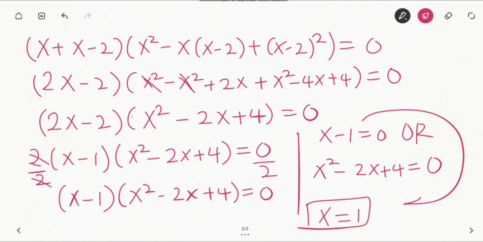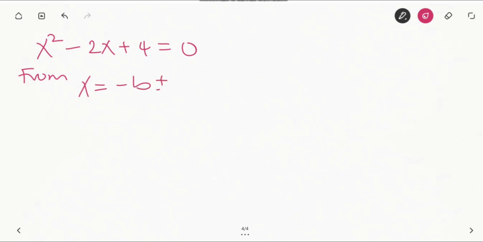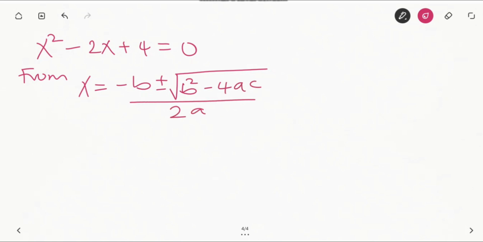Then the next one is x squared minus 2x plus 4 equals 0. Here we apply the quadratic formula: x equals minus b, positive or negative, root of b squared minus 4ac, divided by 2a, where a is the coefficient of x squared, which is 1, b is the coefficient of x, which is minus 2, and c equals 4.